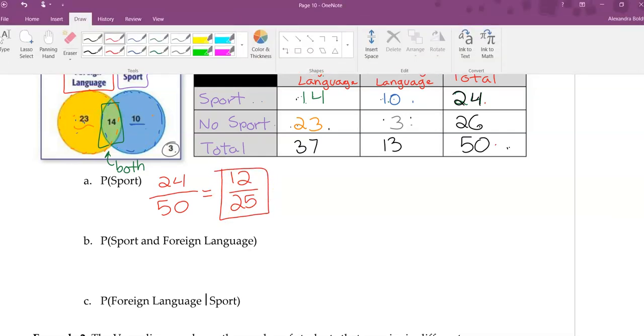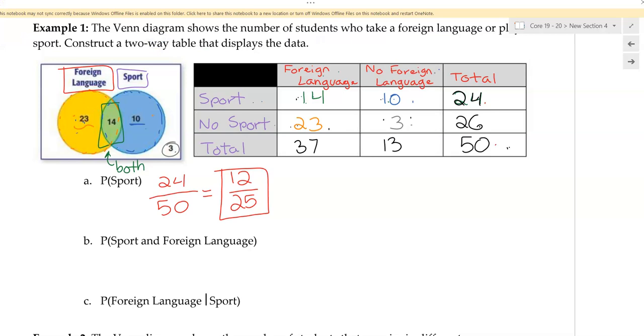Probability of sport and foreign language. Well, sport and foreign language, there's 14 where those cross. So that's going to be 14 out of 50, which reduces to 7 over 25.